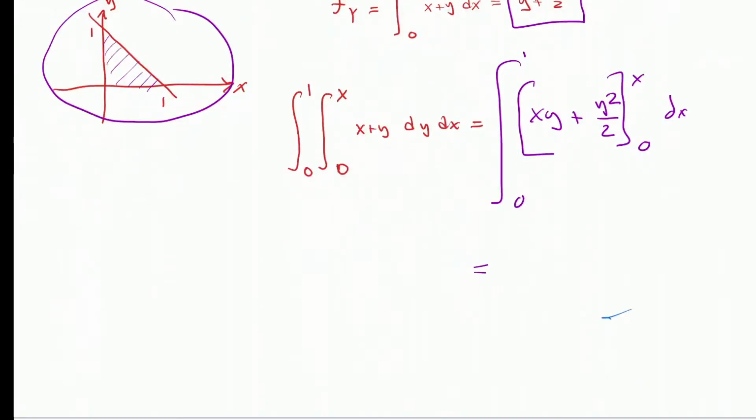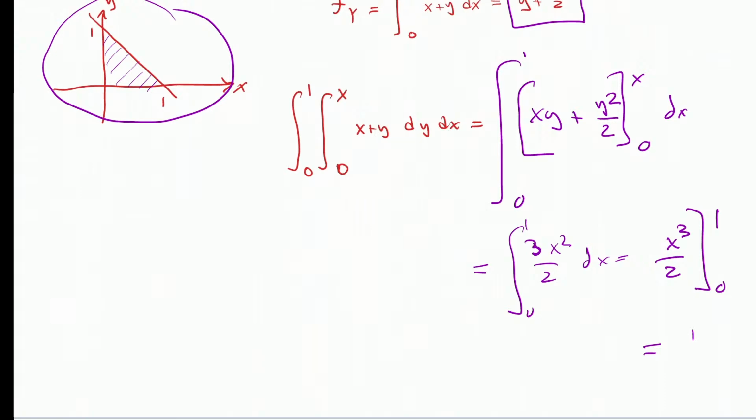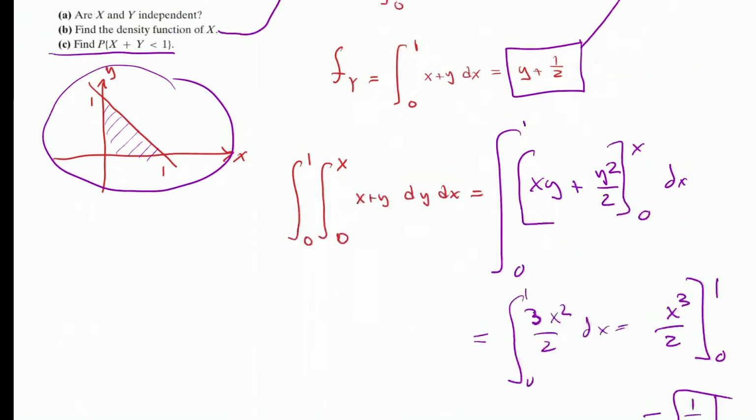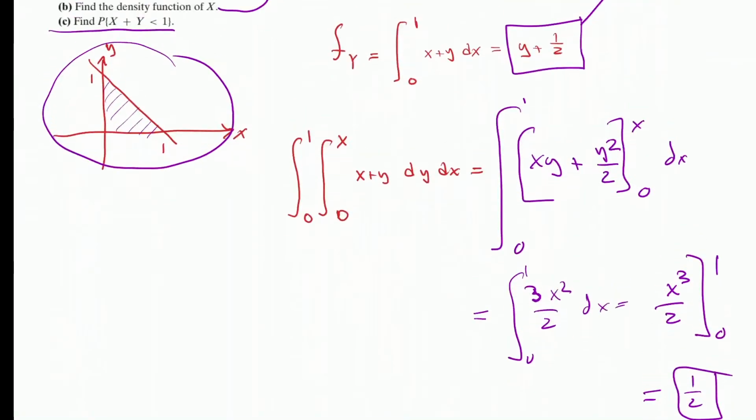So then that's going to be x squared plus, so 3/2 x squared, 3x squared over 2, from 0 to 1. And then that's going to be x squared over 4, or x cubed over 6. Oh, duh. X cubed over 2. I don't know why it took me so long. So then that all equals 1/2. So I'm getting 1/2 for that. So the probability of being in that triangle is 1/2.